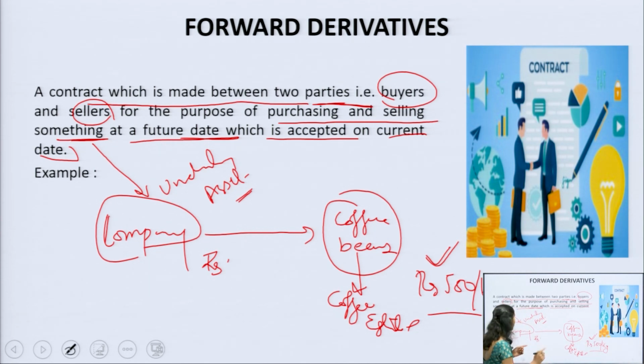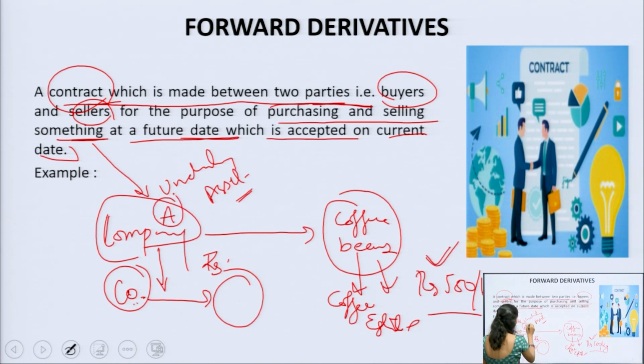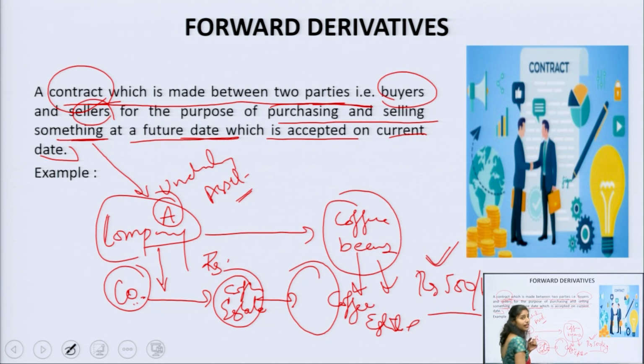In that case, suppose they entered into a contract. Okay, what is a forward derivative? It's a kind of contract between two parties. So, here are two parties, and we have said they have entered into a contract. Let's suppose company A entered into a contract with the coffee estate, and they decide on some time period, let's suppose 3 months from now.